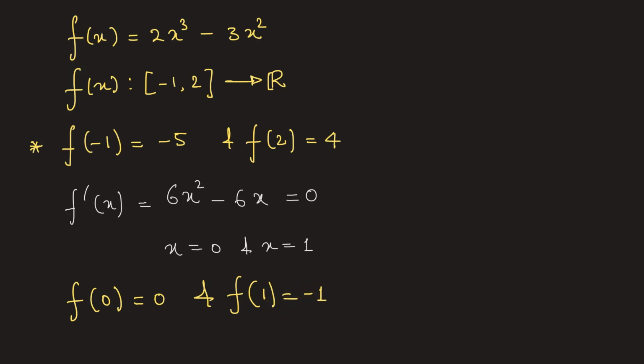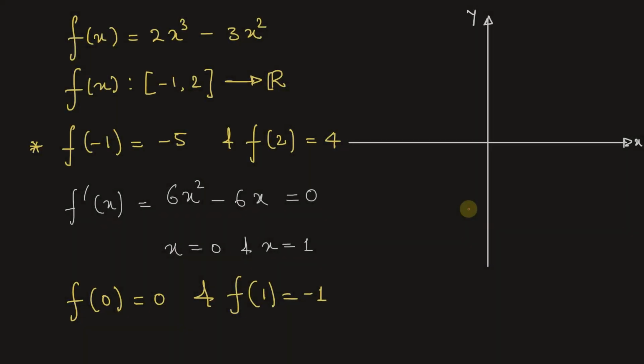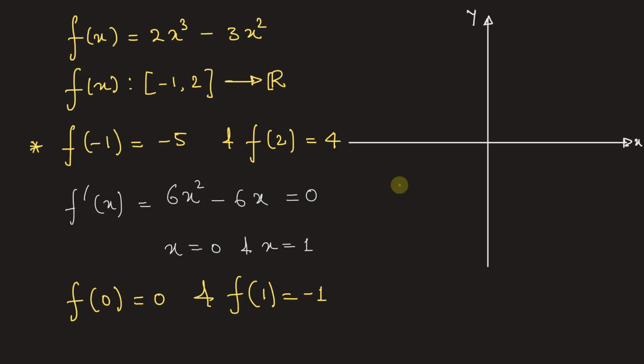So now let's try to plot the graph. In this xy plane, we know that at x is equal to 0, the value of function is 0. So it is at the origin. Now at x is equal to 1, the value of function is -1. So this is 1, -1. And at the endpoints of domain, at x is equal to -1, the value of function is -5.